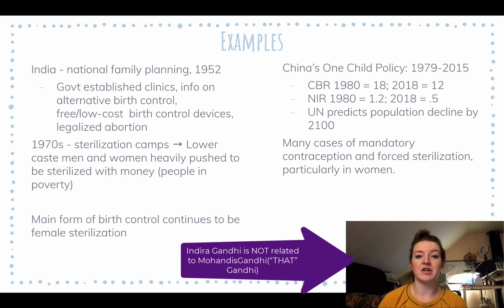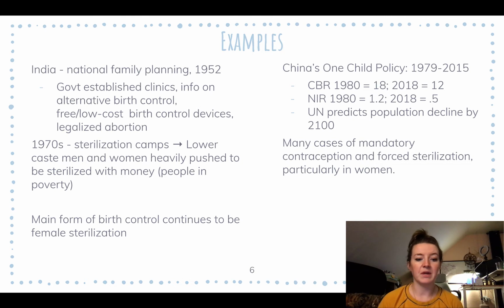These primarily targeted lower caste men and women and used financial incentives because we're looking at people in extreme poverty. The main form of birth control in India continues to be female sterilization, although usually it's after women have had multiple children.